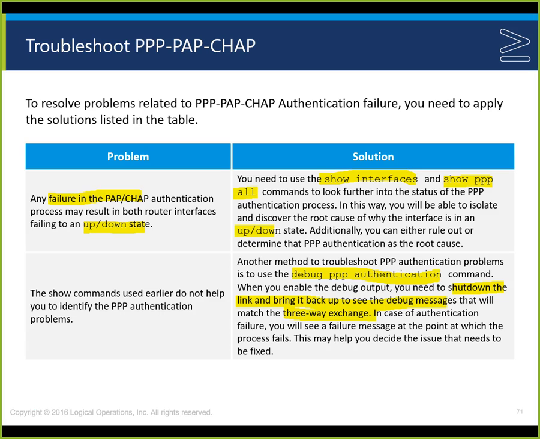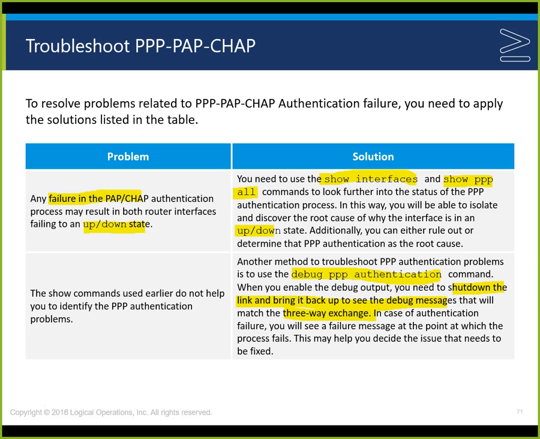The down says that layer 2 is not so good, so we're not making full connectivity. What we always want to see in that show IP interface brief is an up. Show interfaces, show PPP all. You'll be able to isolate and discover the root cause of why the interface is in an up-down state with show interfaces and show PPP, point-to-point protocol.